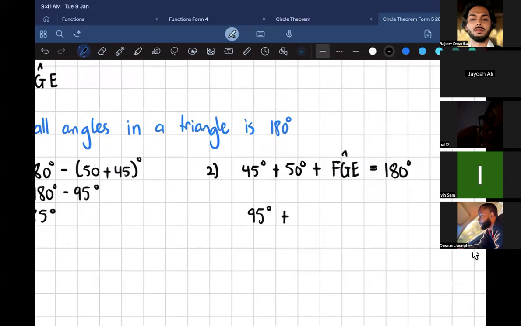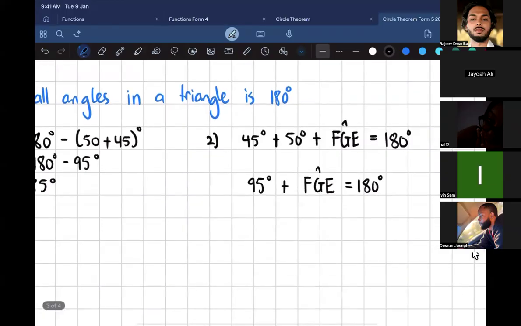So we end up with 95 degrees plus FGE equal to 180 degrees. Now, what am I trying to find in this equation? Angle G.